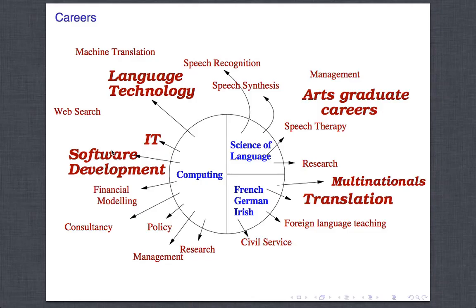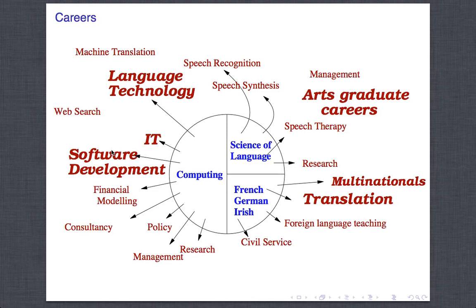Well, a wide variety of things, almost inevitably. But for example, from the programming side, there's people who will just go off and do software engineering. That's one sort of straightforward outcome. Possibly they will go off and do development of programs that are specific to language technology work.